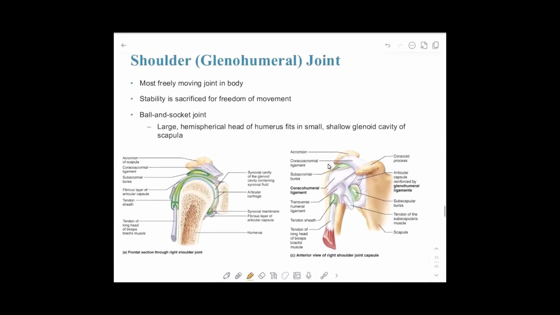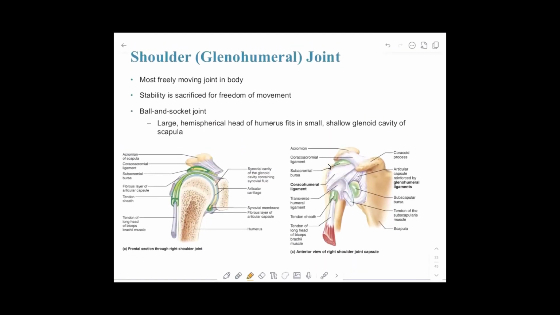The next one is the shoulder joint, which is the glenohumeral joint, and it allows for much freer movement. Remember, after all, it moves in multiple axes, so we call it multi-axial. And remember, the stability is sacrificed for freedom of movement.